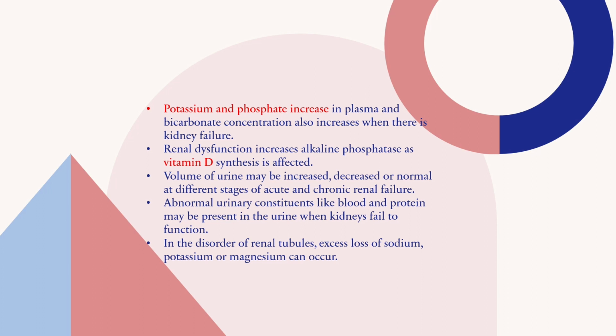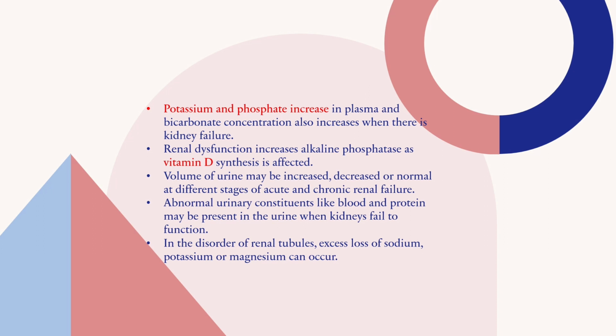So let's move to our next slide for more biochemical assessment key points. Potassium and phosphate levels increase in plasma, and bicarbonate concentration also changes when there is kidney failure.